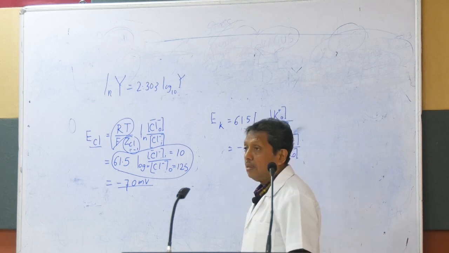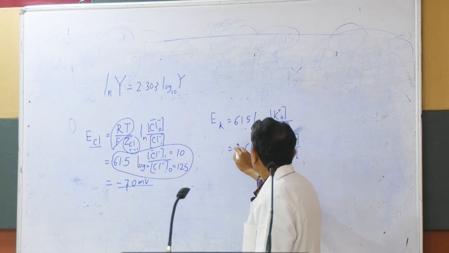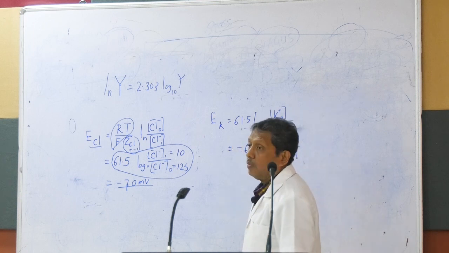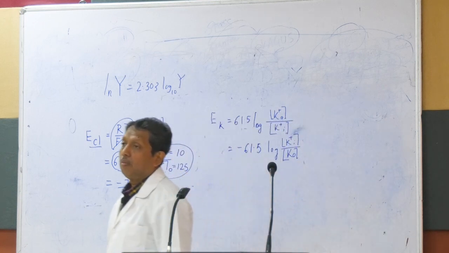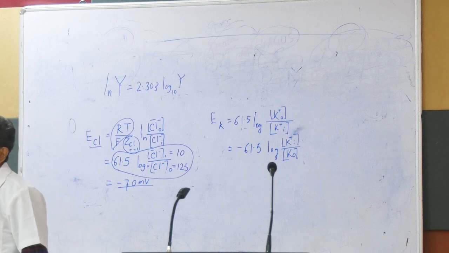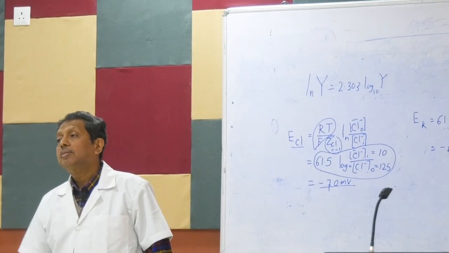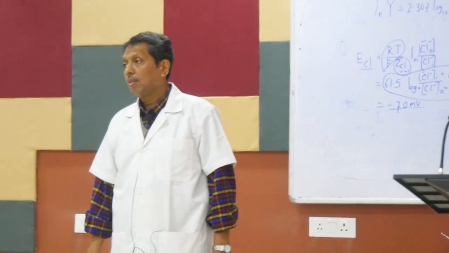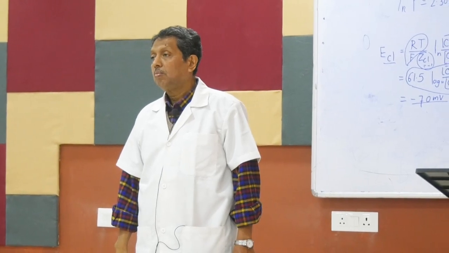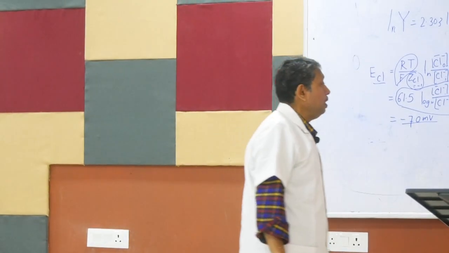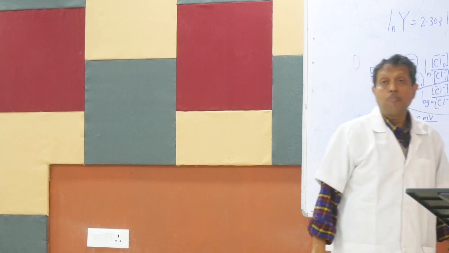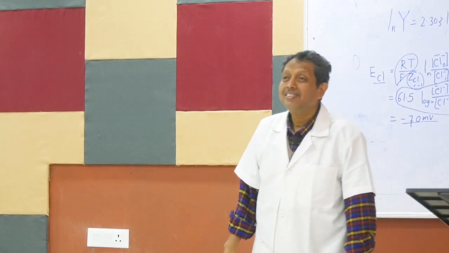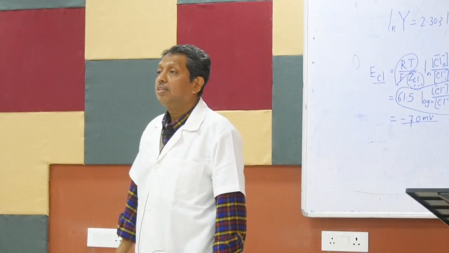I remember this facilitates the calculation. And if you take this value inside, what is the concentration of potassium inside this cell?